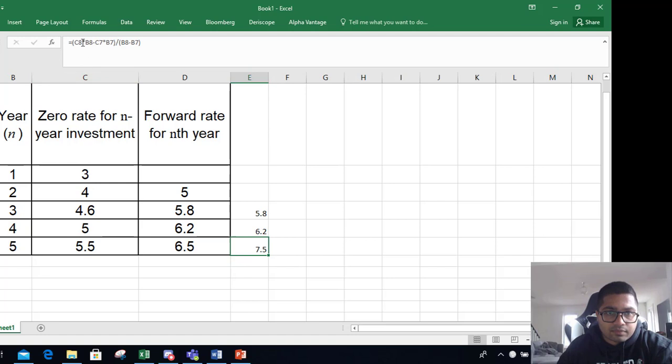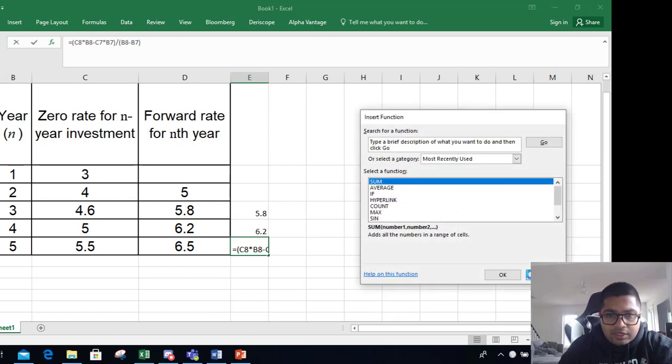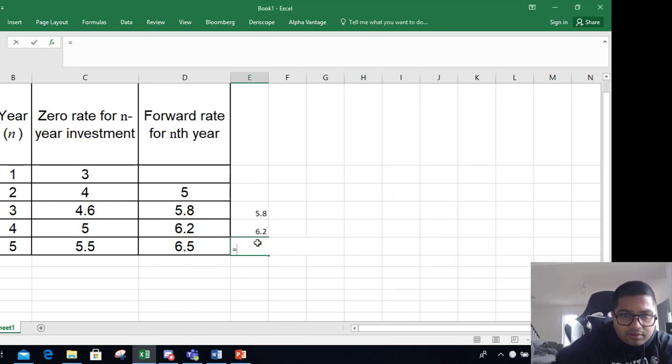Okay, so brackets are probably the problem. So this is wrong in the book, it should be 7.5, not 6.5. So let's do it again so that we are sure that we are not going wrong.